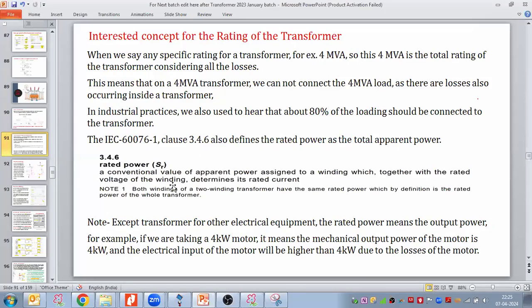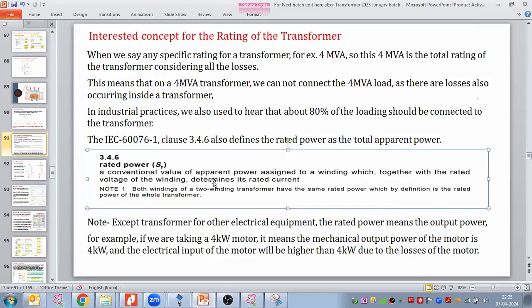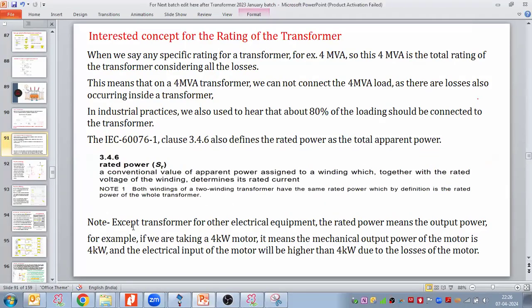Am I making sense? I'm just taking the example of what the IEC says and trying to make it easy. IEC 60076 clause 3.4.6 also defines the rated power as the total apparent power.